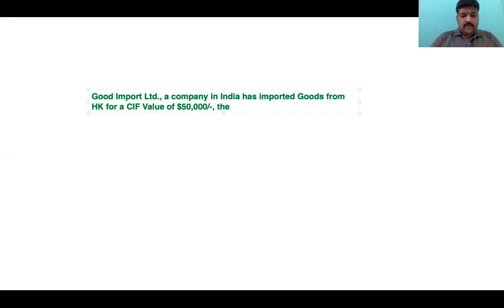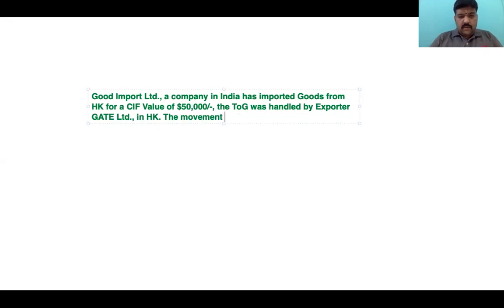The transportation of goods was handled by the exporter, Gate Limited, in Hong Kong.